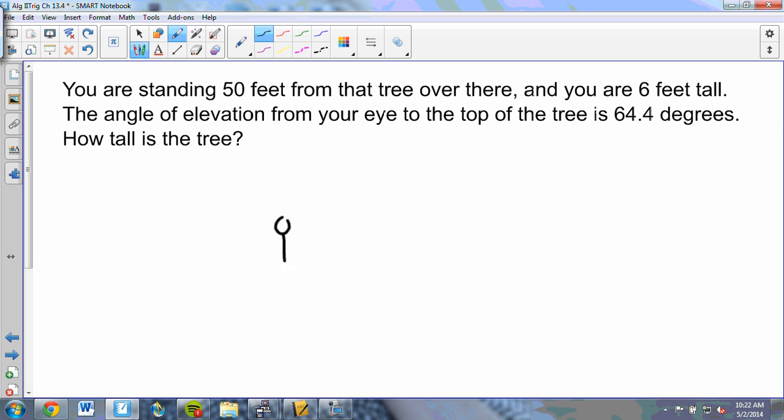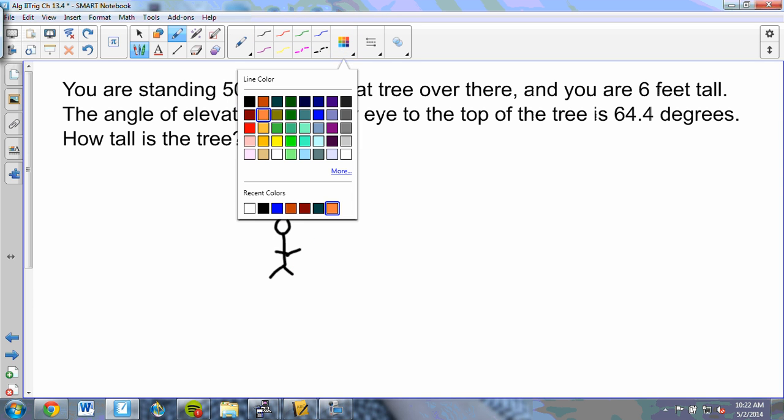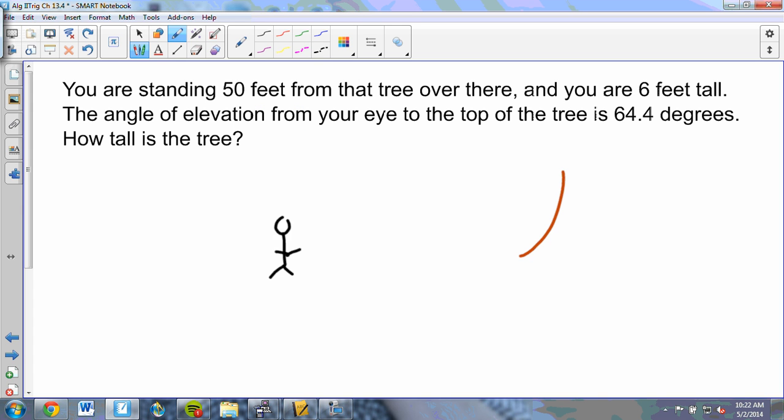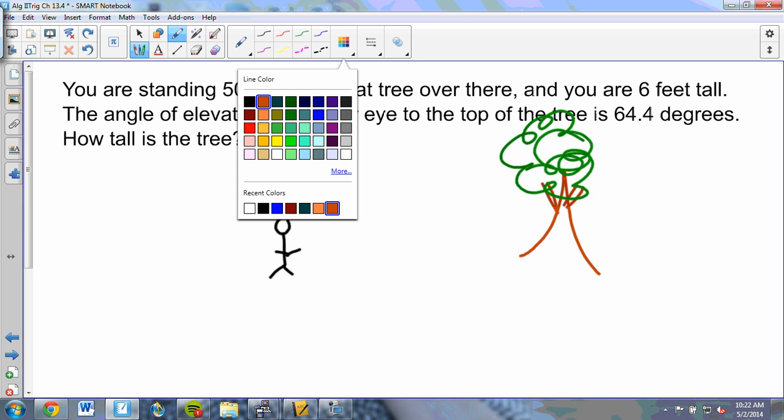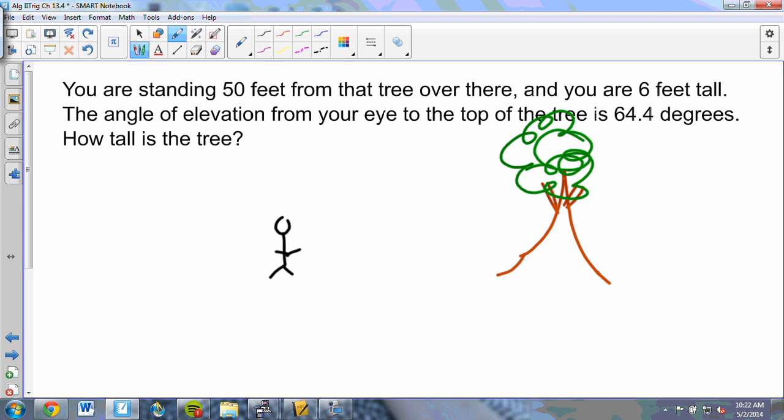So here are you. And here's a nice little tree. Branches coming out. It's just got a lot of leafy action going on. And we'll have these meet at the same point.